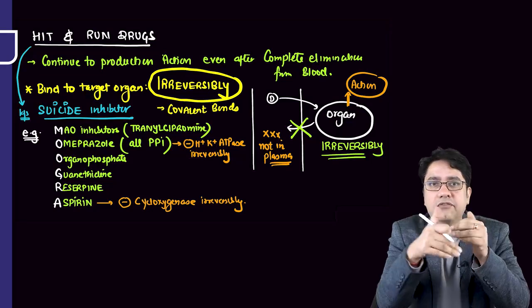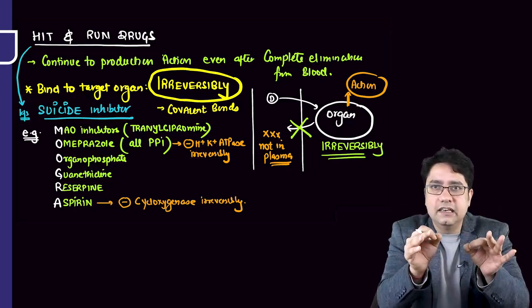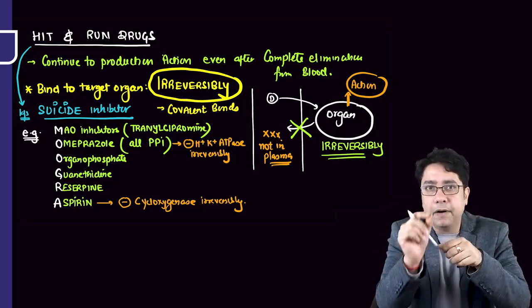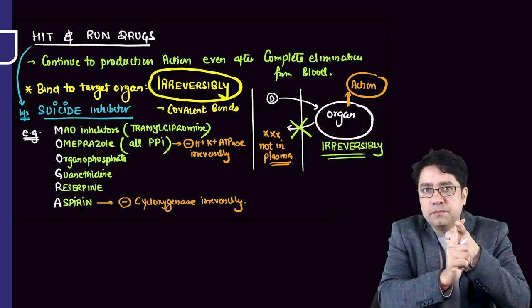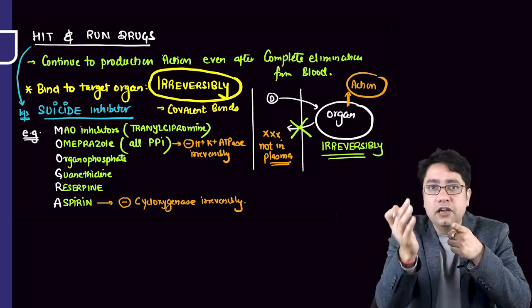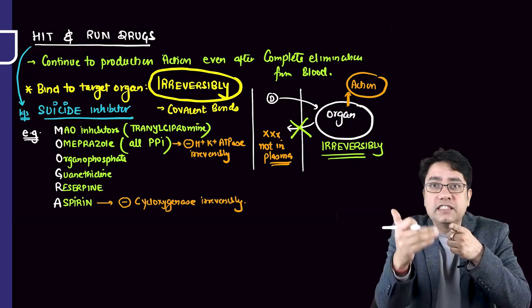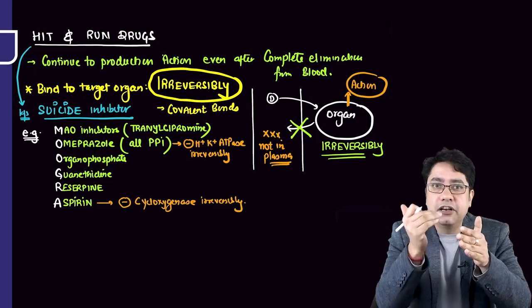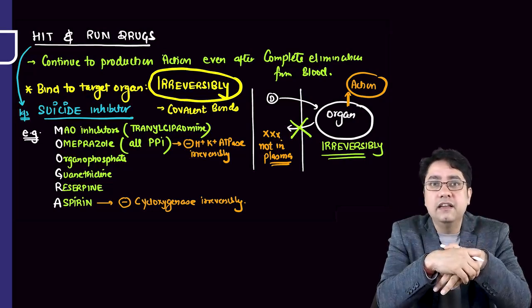So can we say after 5 half-lives, that is 10 hours, aspirin will be eliminated from plasma. But the effect of aspirin, let's say on platelets or any other organ, continues to come for 7 to 10 days. That means aspirin continues to produce effect even after complete elimination.